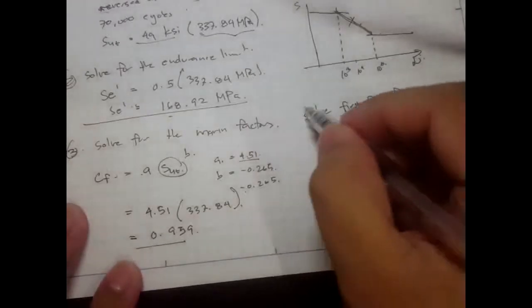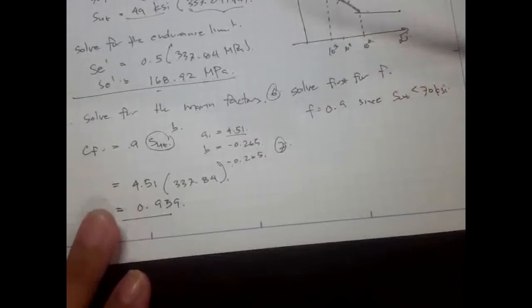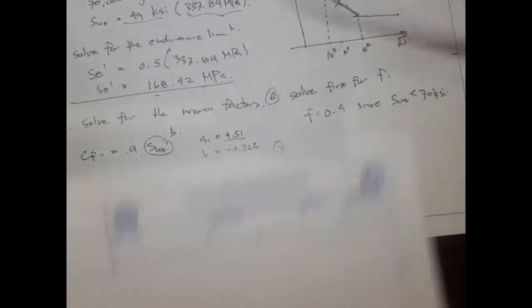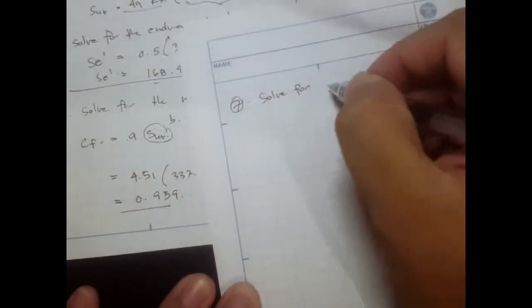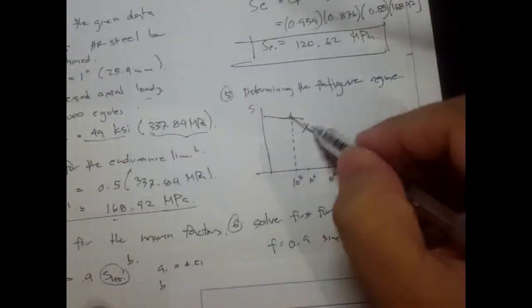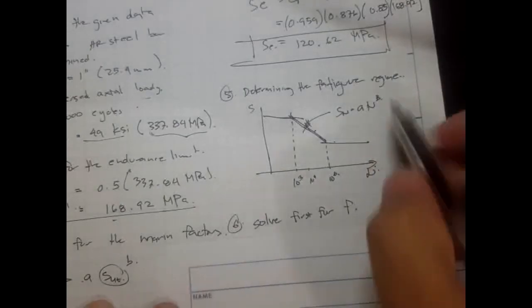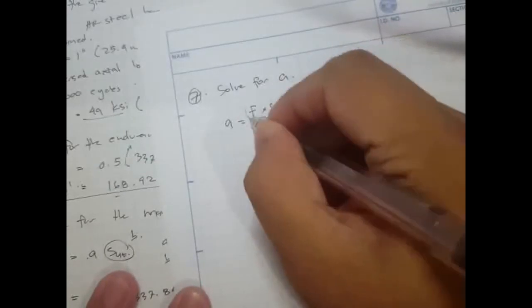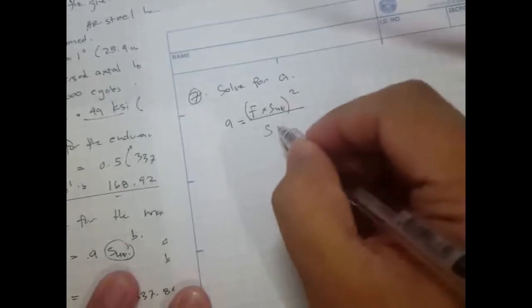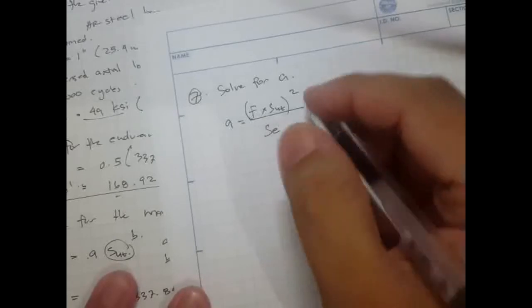The next step then is to solve for A, because in this region our working equation is simply A n to the B. So to solve for A, the working equation is A is equal to S times the ultimate tensile strength squared, divided by the endurance limit, and this is now the corrected endurance limit.